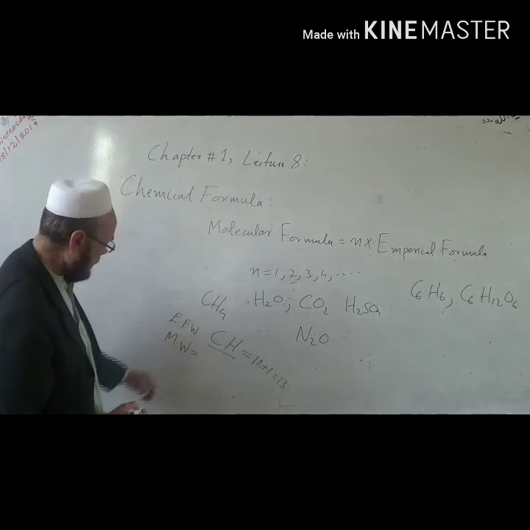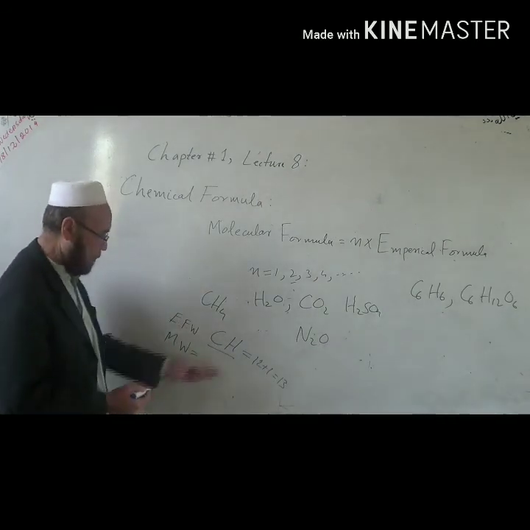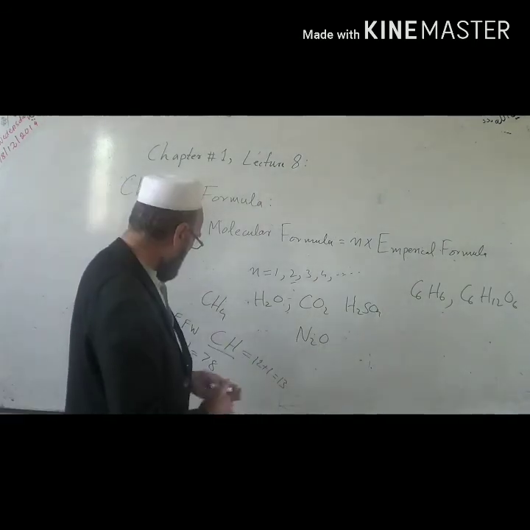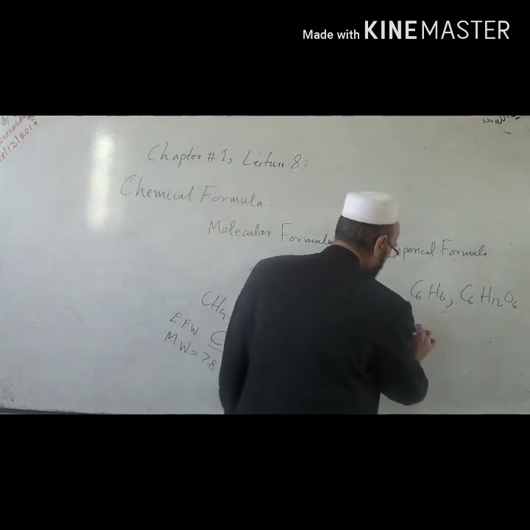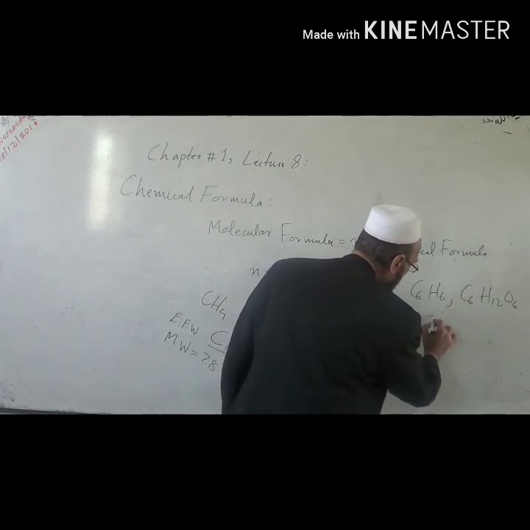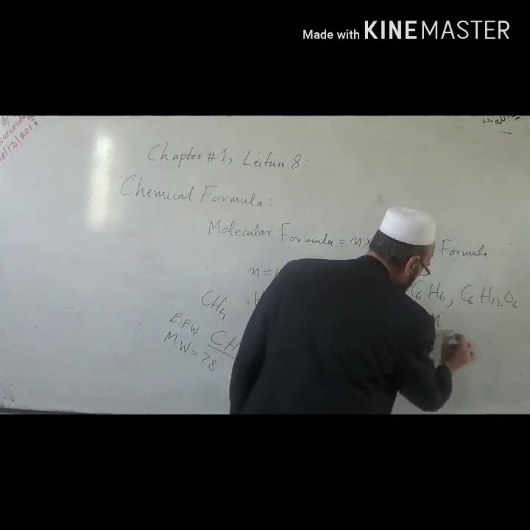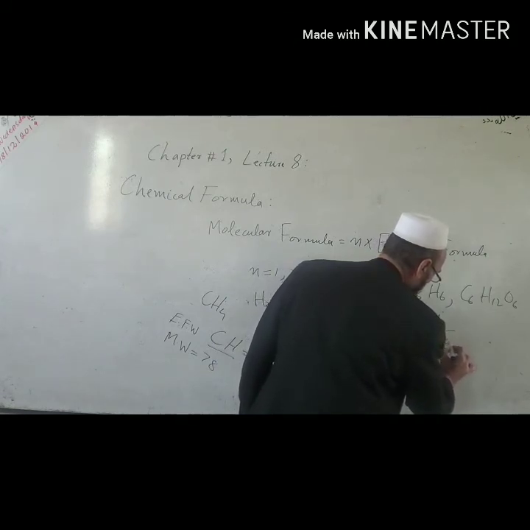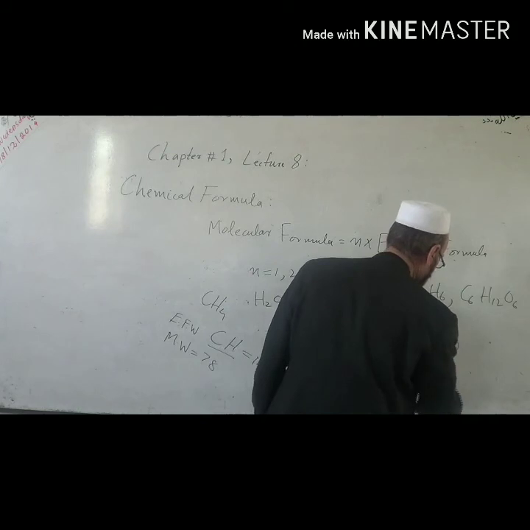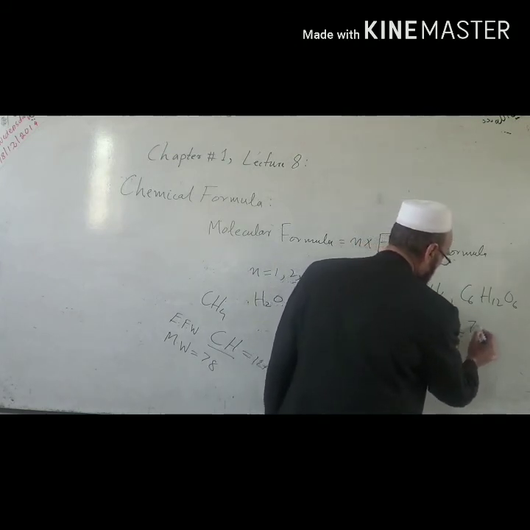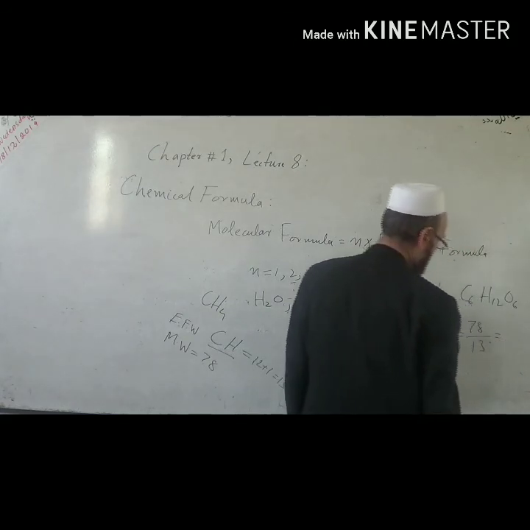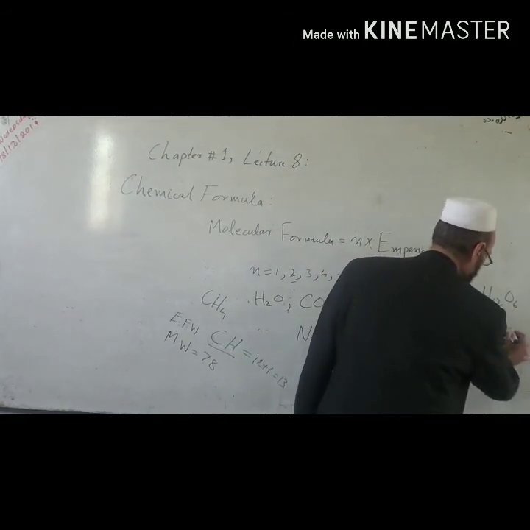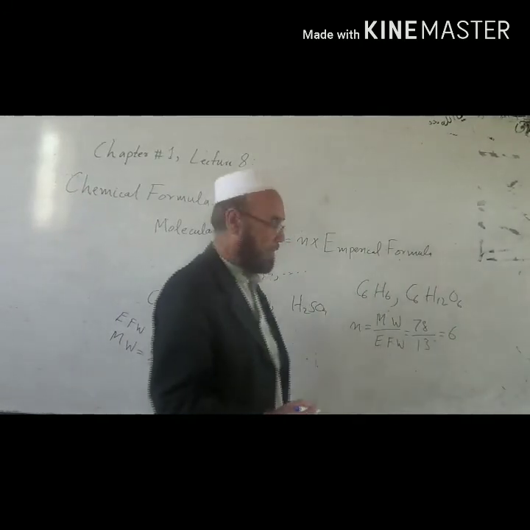Experimentally, we need to calculate molecular weight, MW. Suppose we get MW 78. So n can be calculated by molecular weight divided by empirical formula weight, 78 divided by 13, which comes to be equal to 6.